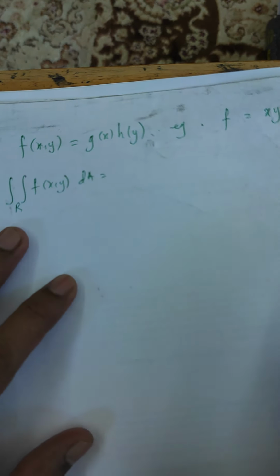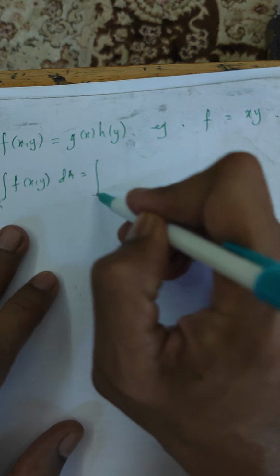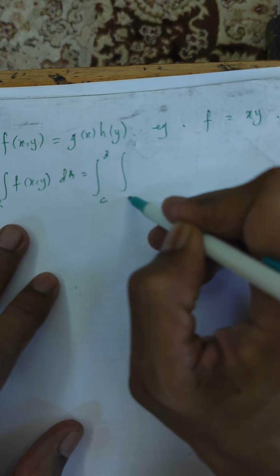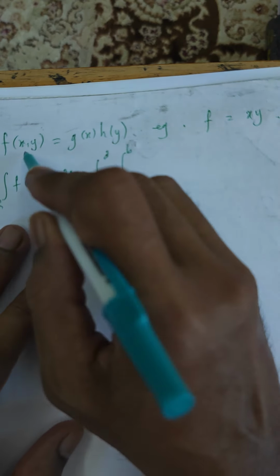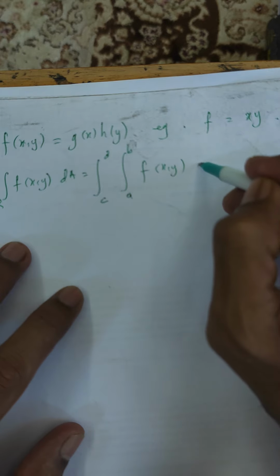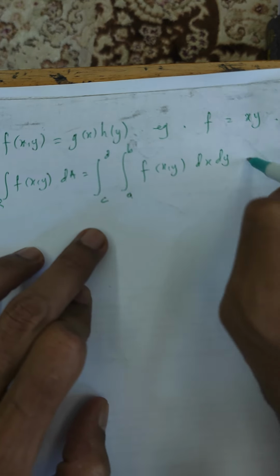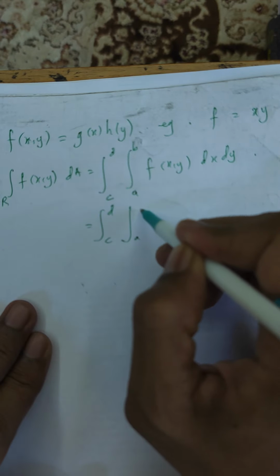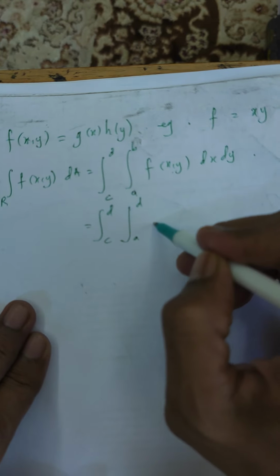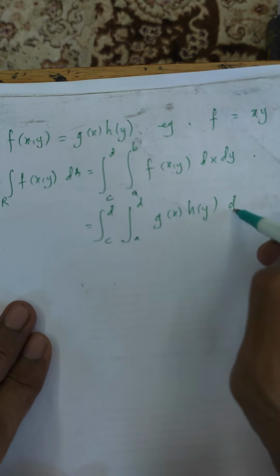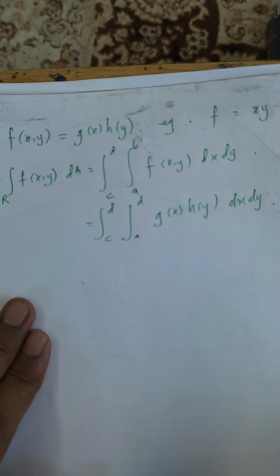you can write this as the integral, let's say, for the same region, y from c to d, x from a to b, f(x,y) dx dy. This can be written as c to d, a to b, our f is g(x) h(y) dx dy.